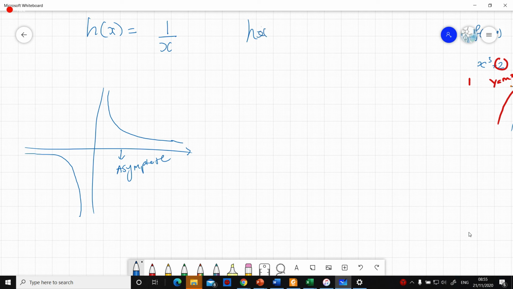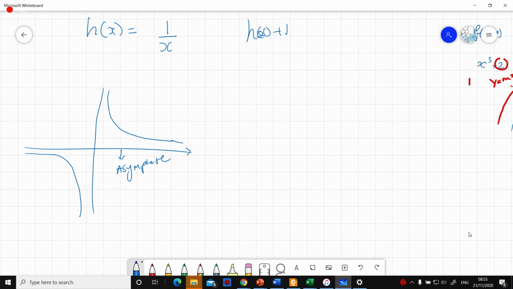So now if they told us to shift this by h of x plus 1, that means it's outside the bracket. That means this is going to happen outside the bracket, which means, as mathematicians, that it's going to be in the y direction, and we do exactly what's on the tin. However, with reciprocal functions, the curve doesn't really get changed.